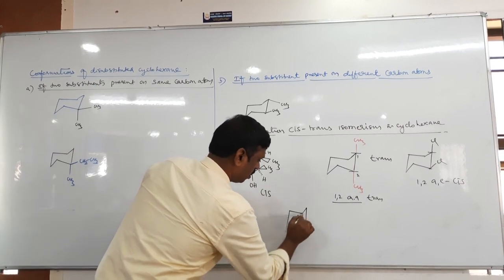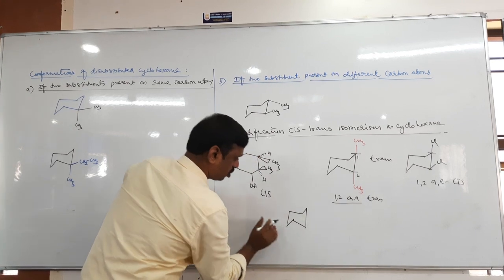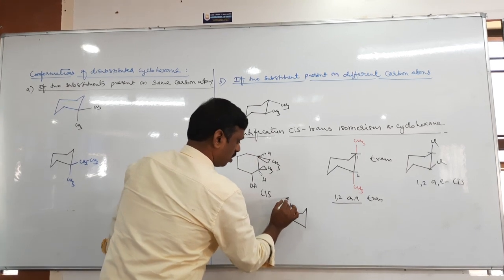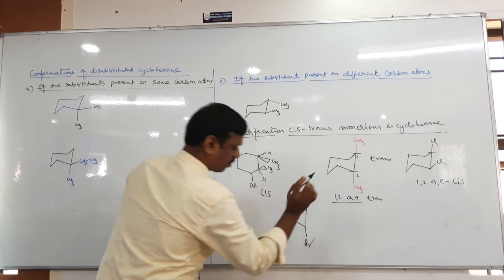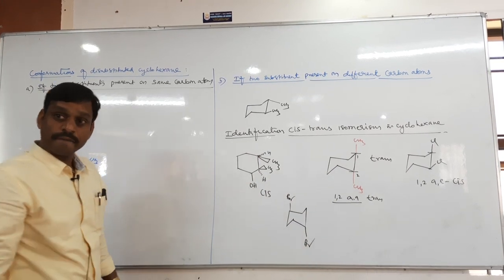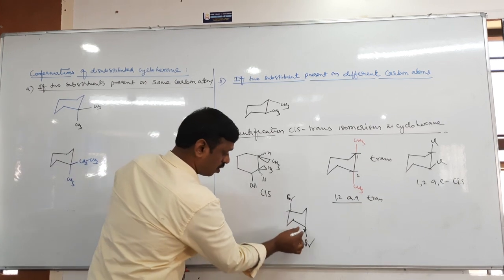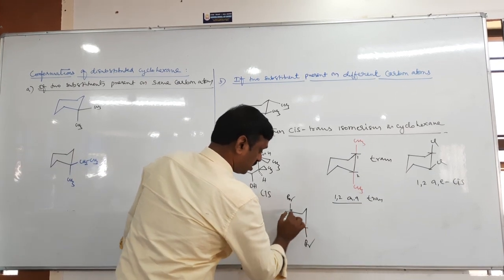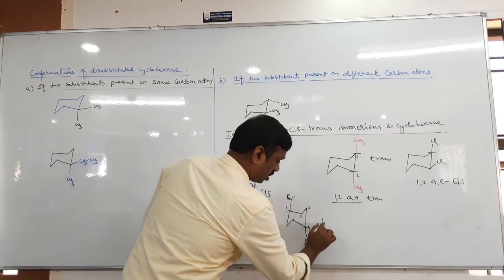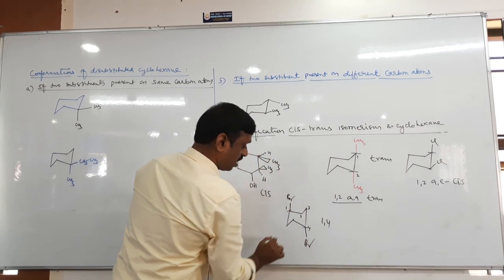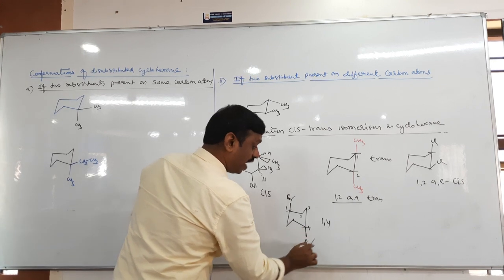One more. For example, take this chair conformation. Here is bromine. Cis or trans? Trans. Above the plane, below the plane. Therefore, this is 1, 2, 3, 4. It is 1, 4, axial, axial.